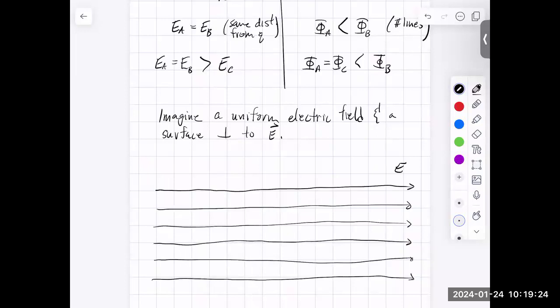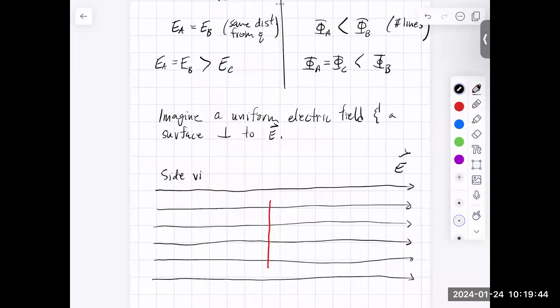Then we're going to take a surface and make it perpendicular. If we were looking exactly at a side view, our surface would just look like this. So we're just seeing one edge of that surface. We'll call this a side view.